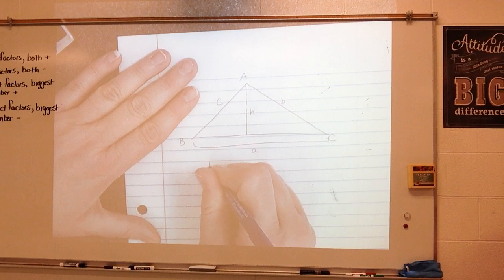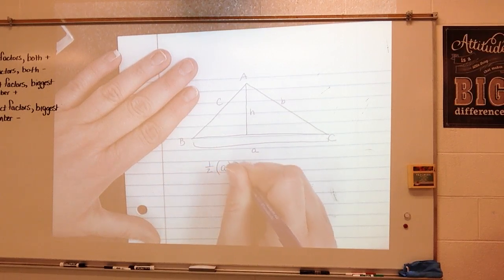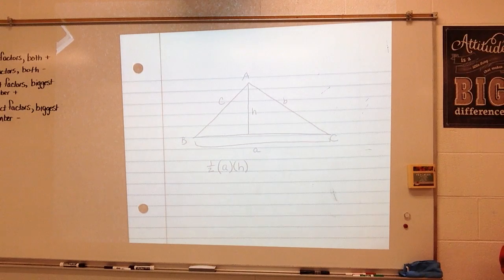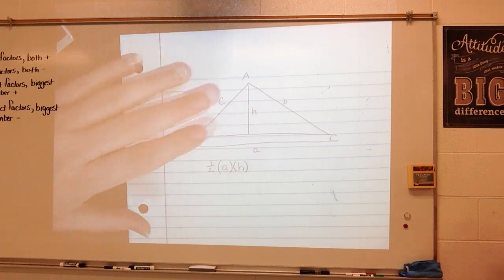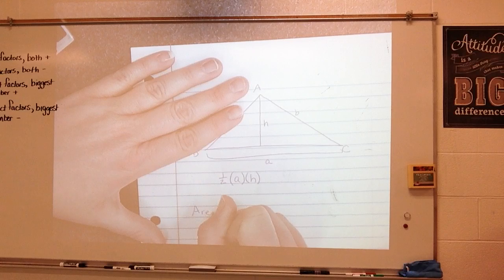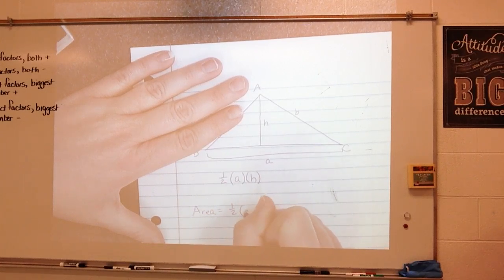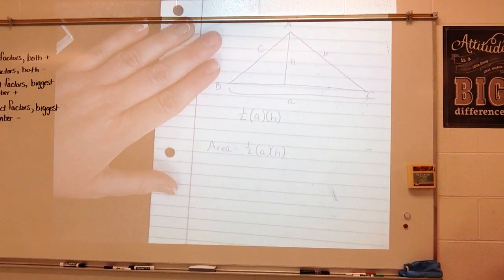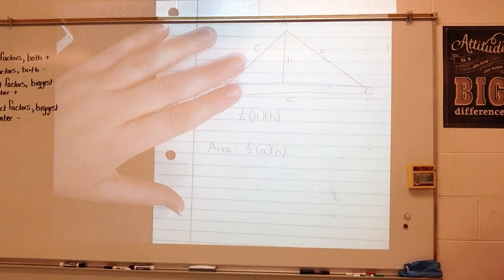Well, it would be 1/2 times A times H. So let's talk about this for just a second. We're going to rewrite this equation, and we're going to talk about what we see. Area is equal to 1/2 times A times H. Pay attention to what I'm doing.